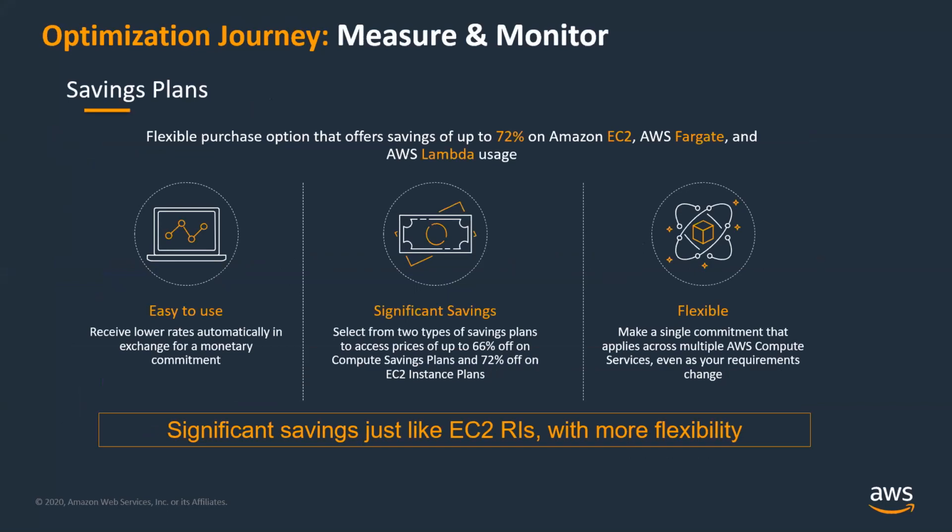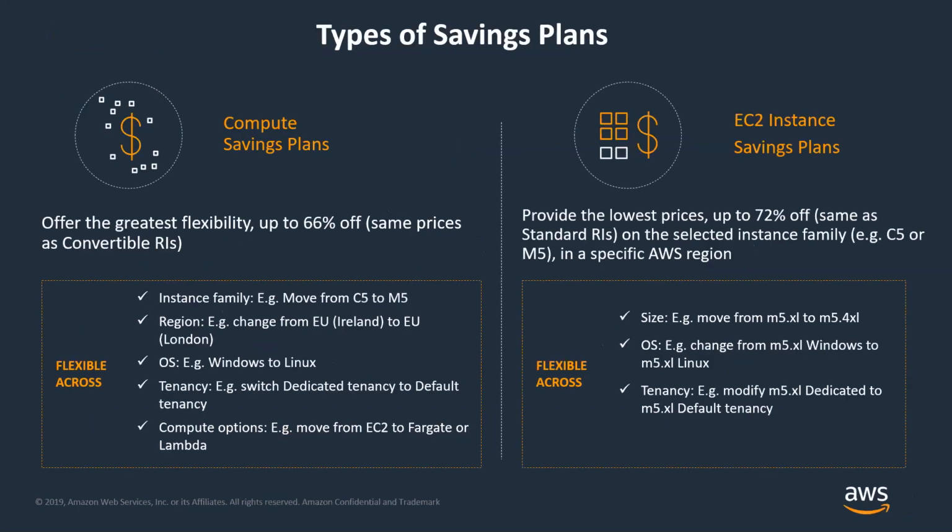For example, if you decide to move a Windows application into ECS by containerizing it and use Fargate, Savings Plans can help you to reduce your cost. Or say, for example, if you decide to host SQL Server on EC2, in that case too, Savings Plans can significantly help you to reduce the cost. Kevin has covered this too.